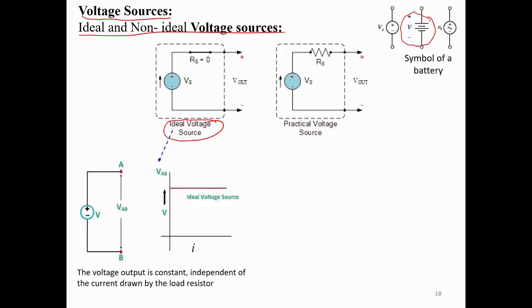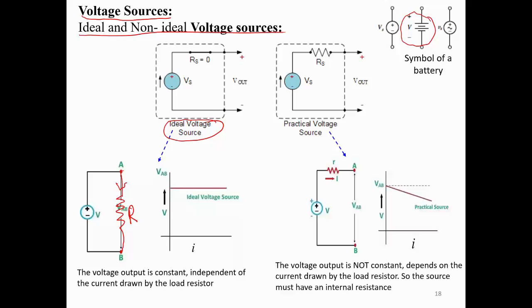No matter what resistance or load you put across the battery, no matter what current you draw, it's supposed to provide a constant output voltage across AB. But like I said on the previous page, it's not going to happen, right? Because any battery has some internal resistance, which is in series. This RS is just the small r, which is the internal resistance of the battery.